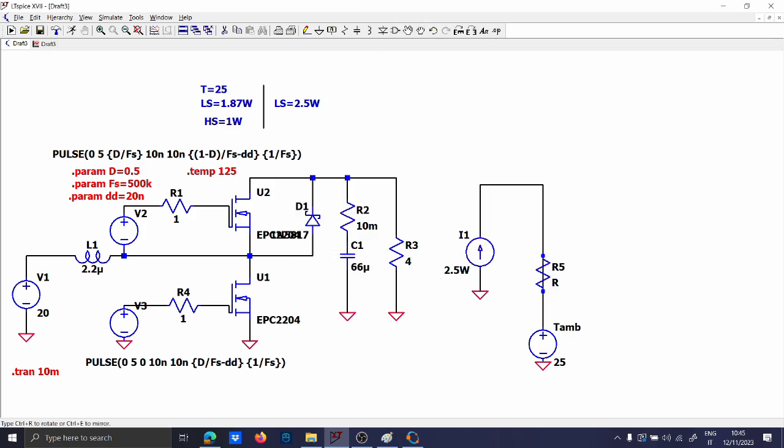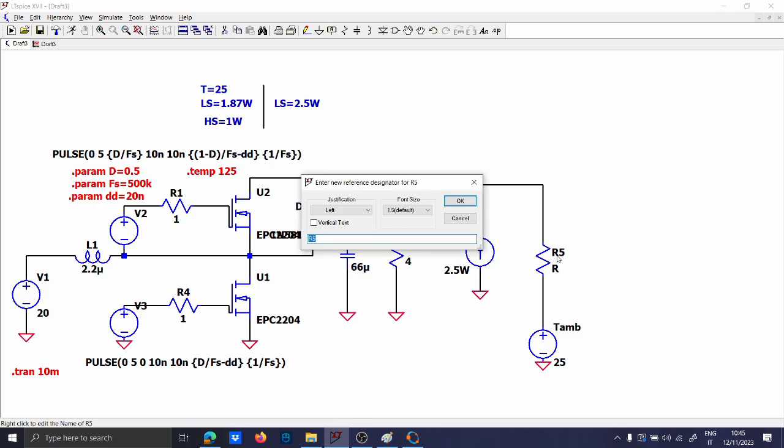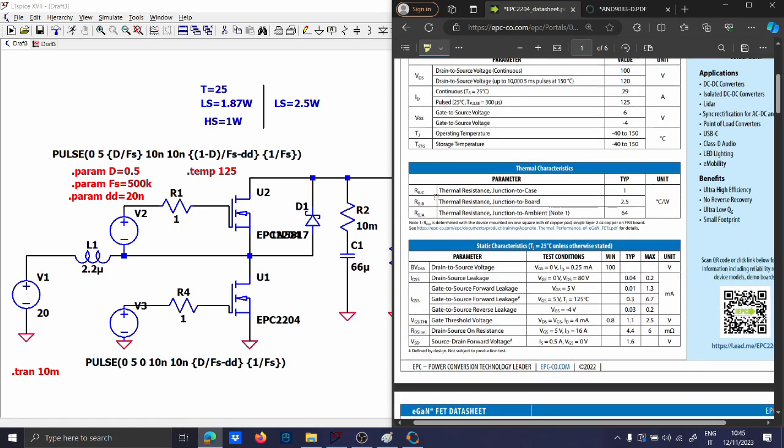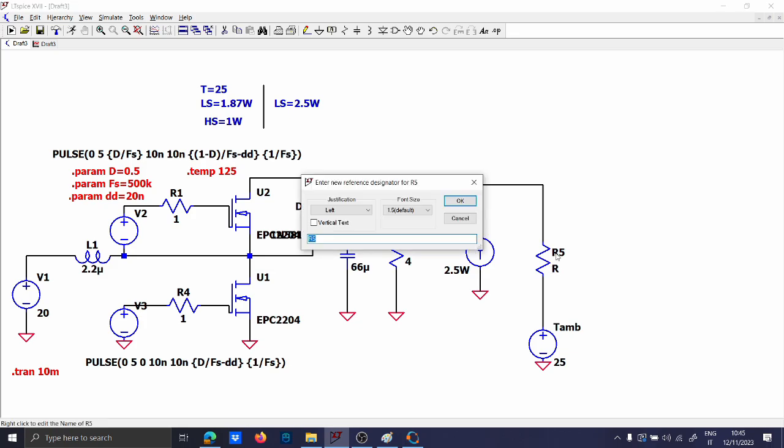Now we have to take the resistor. The resistor here is RJ ambient case. Sorry, let me check on the datasheet. Okay, we have junction case, junction board, and junction ambient.